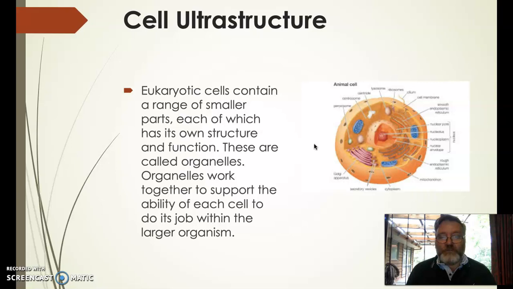So we call these things organelles. They're small cell parts within the cell that perform certain functions. And each of them has a different structure. So again, we've got mitochondria here, in blue, that has a particular structure that allows it to do cellular respiration.